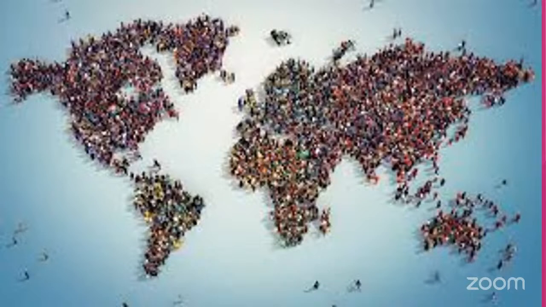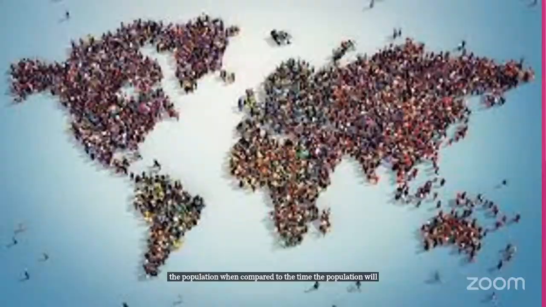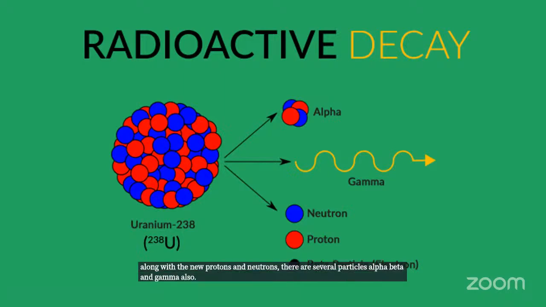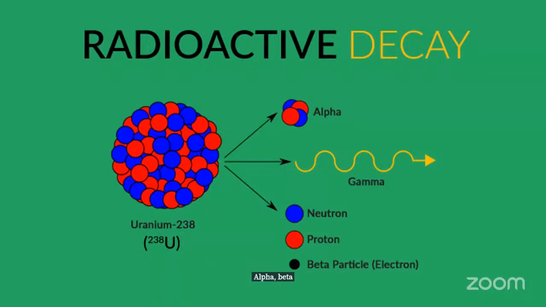But coming to radioactive decay, the nucleus releases alpha, beta, and gamma particles along with its protons and neutrons, so certainly the amount of radioactive material will decrease. This comes under natural decay.